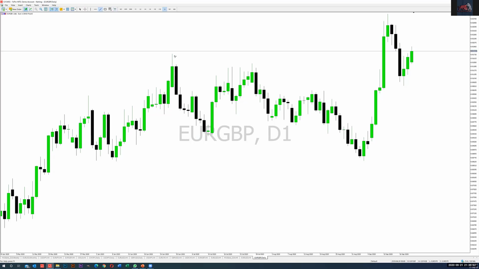Let me grab my drawing tool. You see this candle? That candle here, prior to all this other price action to the right of it, was the last up candle. This is our last up candle. That's correct.